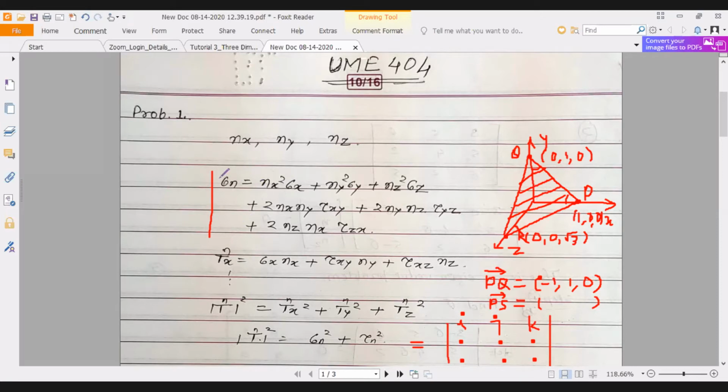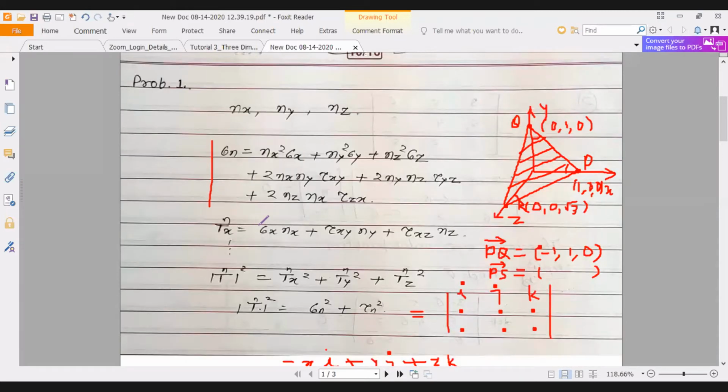After calculating the normal stress, you need to calculate the traction vector, represented by Tx, that is sigma x nx plus tau xy ny plus tau xz nz, and similarly two more equations for the y and z directions.